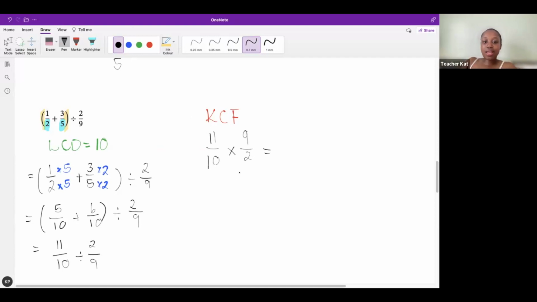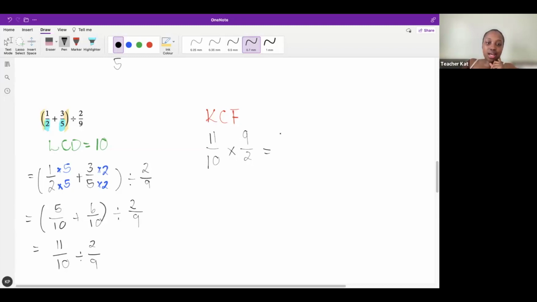Do we have any common factors? Can we cross cancel in this case? Yes. What can we cross cancel, guys? Do 11 and 2 have common factors? Thanks, Botlali. And 10 and 9 also don't have common factors.